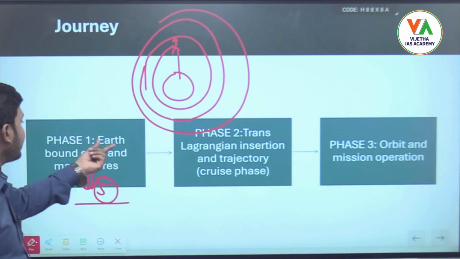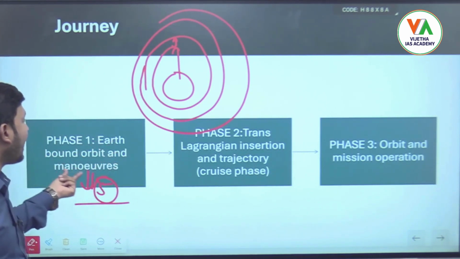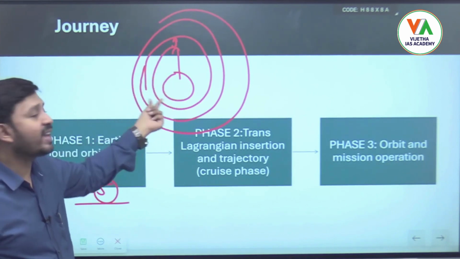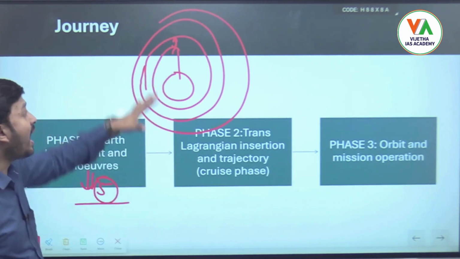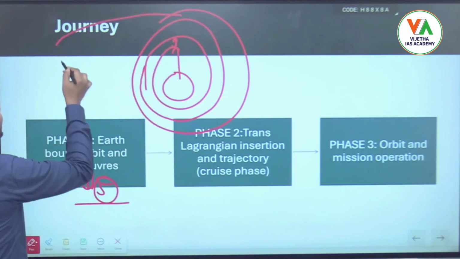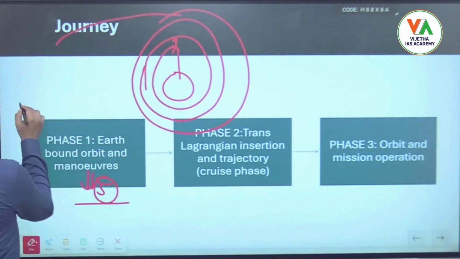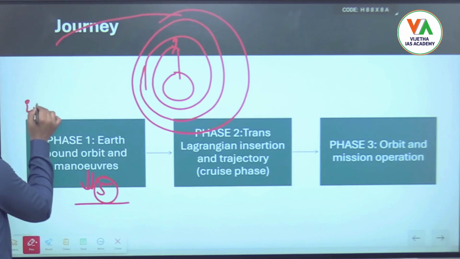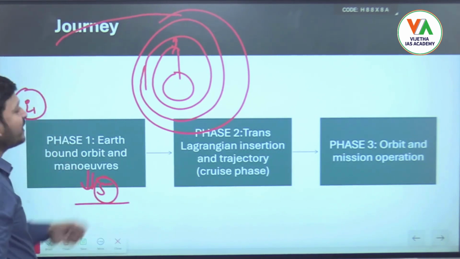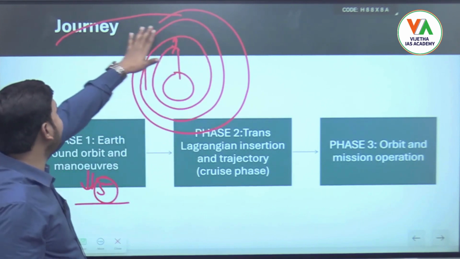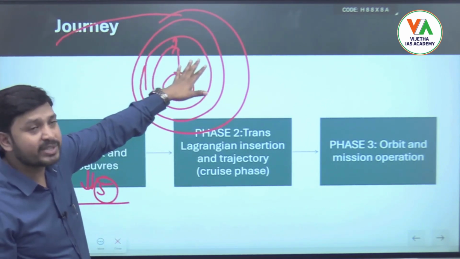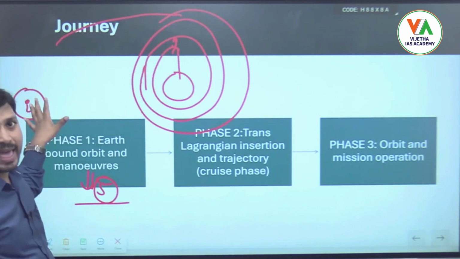That is the first phase, which is called earthbound orbit and maneuvers, where the launch vehicle has been moving around the Earth, right? After 5 rounds it has been taken away, so that it is going towards this. Let us assume this is the L1 point, right? This is the point and this is the halo orbit, right? After 5 maneuvers it has been taken to this, means the journey of this Aditya mission has started towards this L1 point.